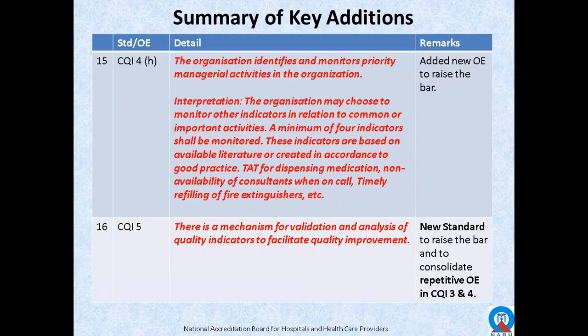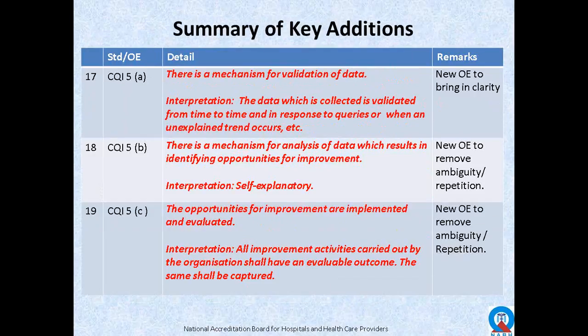CQI 5, new standard, and this is to raise the bar and also to consolidate the objective elements of CQI 3 and 4. There is a mechanism for validation and analysis of quality indicators to facilitate quality improvement. There is a mechanism for validation of data.